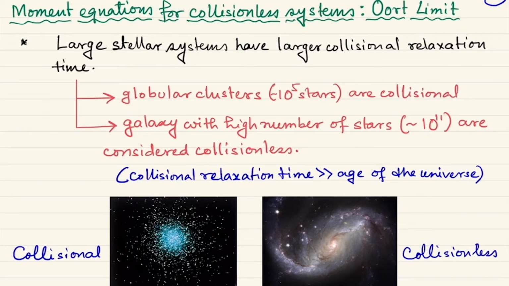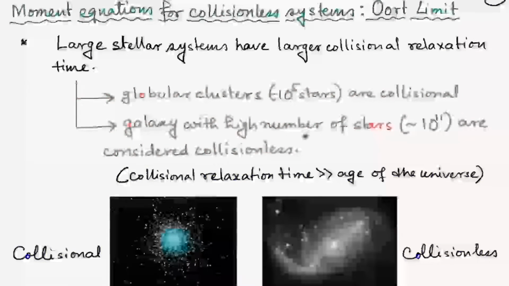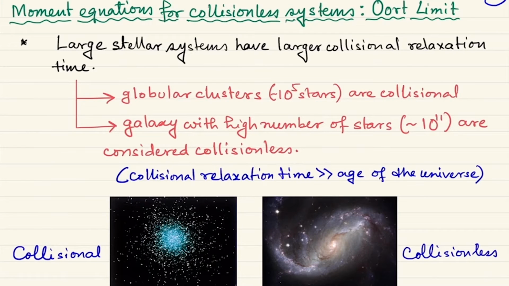So if tau is very large, then if we study some phenomena during a reasonable time interval t, which is less than tau, we can simply say that no prominent effect of collision is visible. In that case we say the system is collisionless. And that's exactly the case for galactic systems.